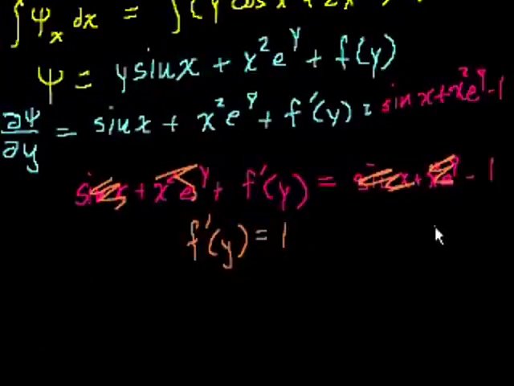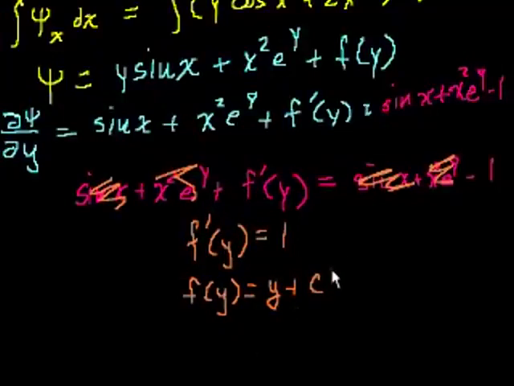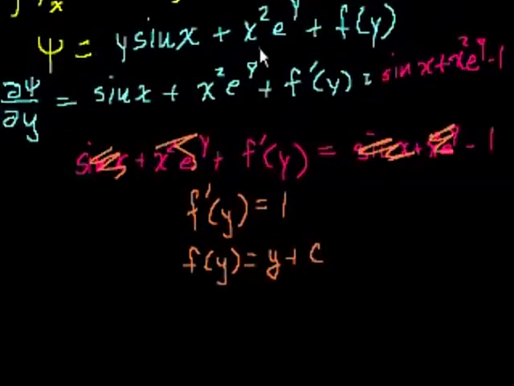And then we're left with f of y is equal to, well, it equals y plus some constant c, right? So what is our xi now? We wrote our xi up here, and we had this f of y here, so we can rewrite it now. So xi is a function of x and y. We've actually pretty much almost done solving it.